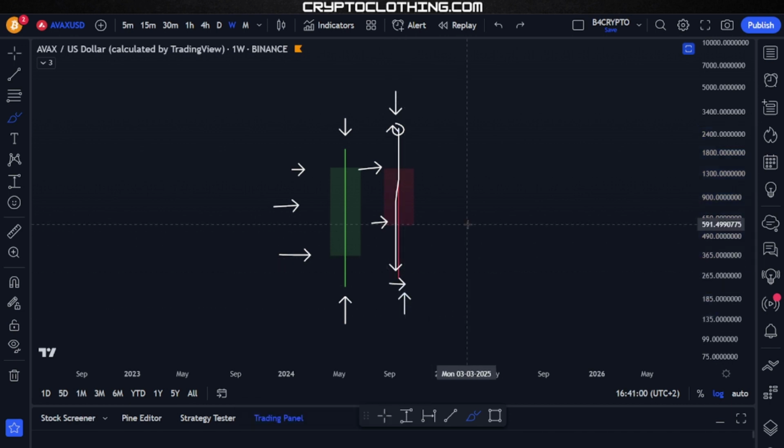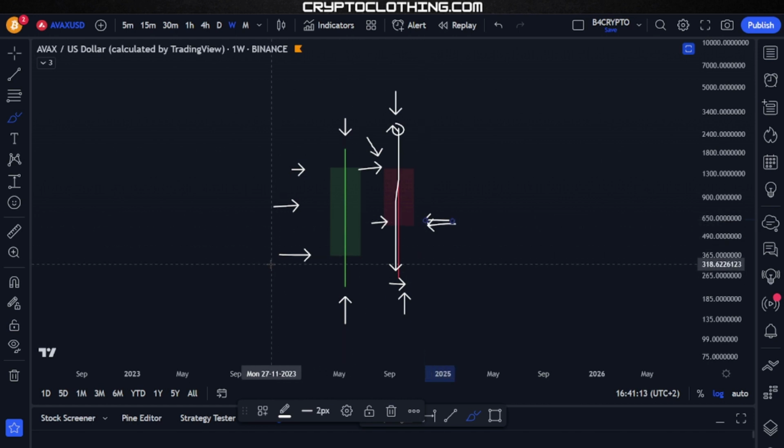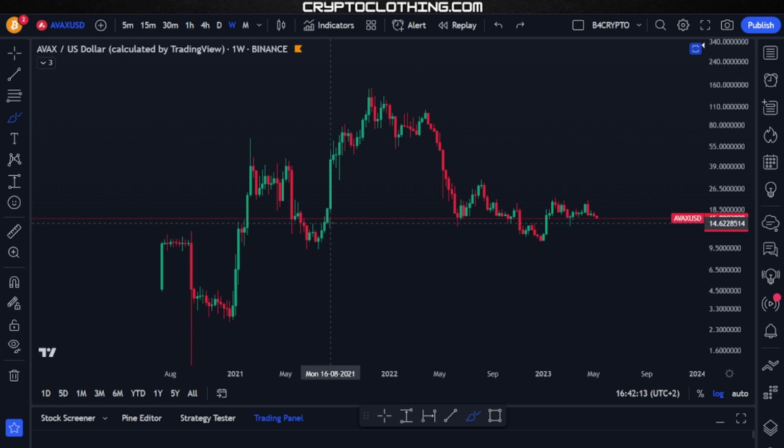And the weekly candle closes at the bottom of the candle body. So guys, the red candles open at the top and close at the bottom, and the green candles open at the bottom and close at the top. And the wicks are just giving us an indication in which price range the price went in this time period. So now you know exactly how to read the candles.